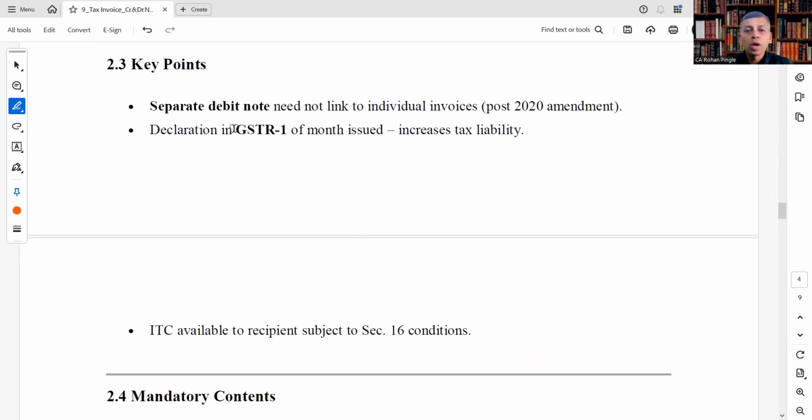Declaration in GSTR-1 of the month issued increases the tax liability: in the month in which the debit note is issued, we need to disclose it in GSTR-1 and that increases your tax liability. ITC is available to the recipient subject to Section 16 conditions. Section 16 of the CGST Act mentions the conditions on which we can take the ITC credit based on the debit note too.